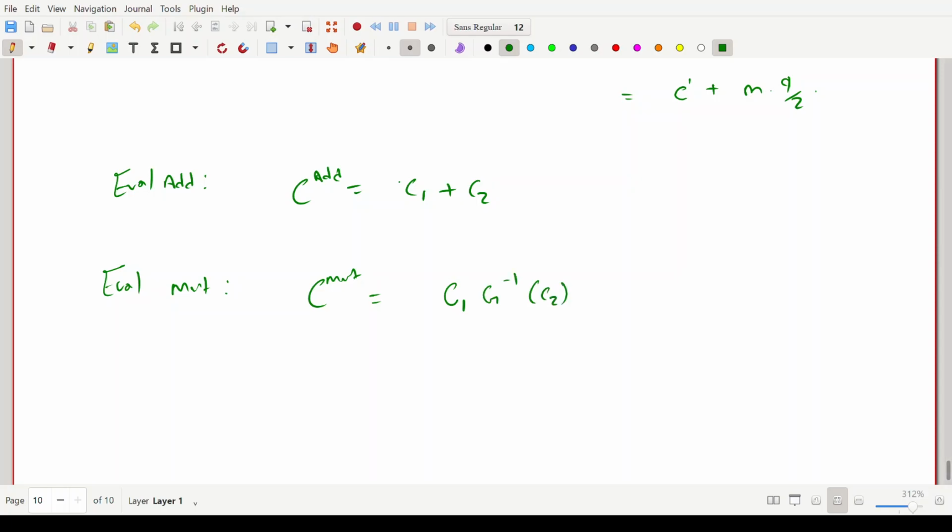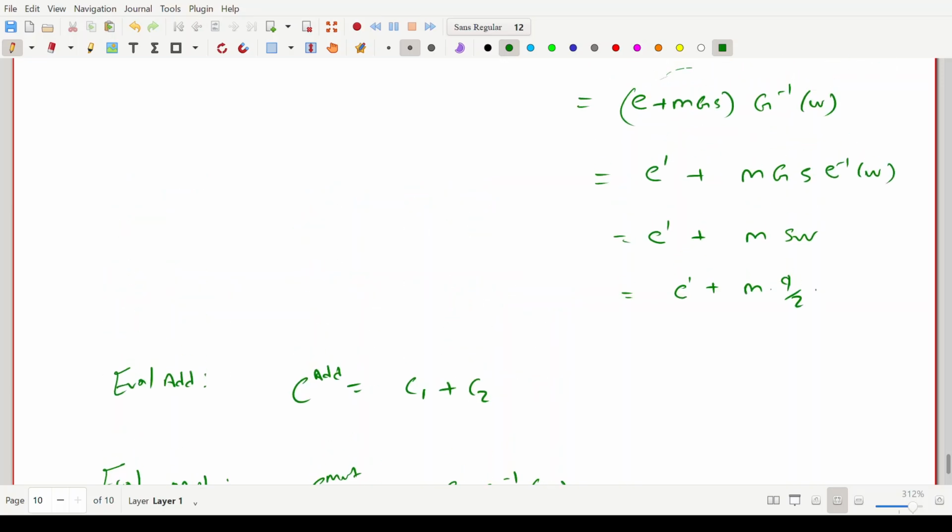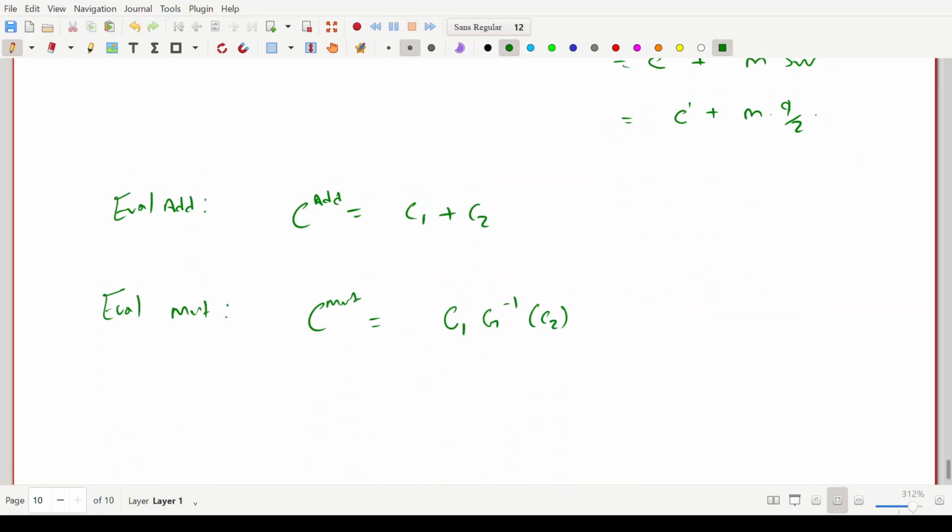This is how the multiplication works here. And you can check the decryption: you just multiply with the secret key and you'll find it.